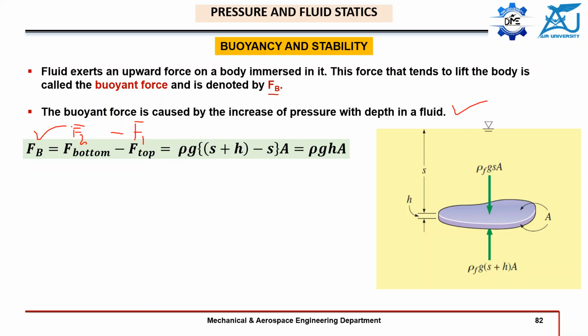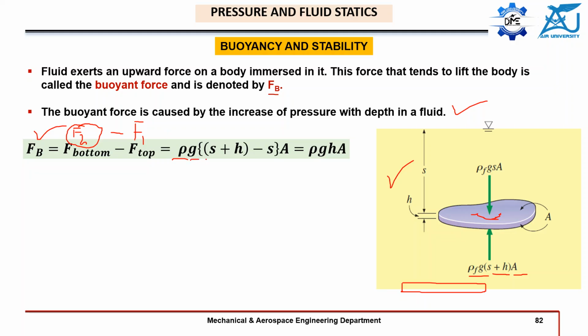So what is the equation for the force on a horizontal surface immersed in a fluid? It is simply rho g H times A. So rho of fluid, the density of this fluid. We are not talking about this material, please note that.